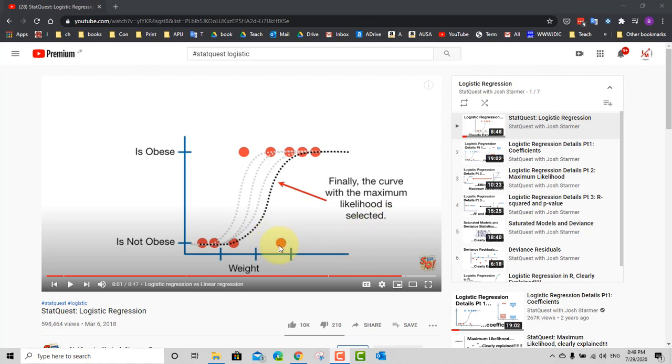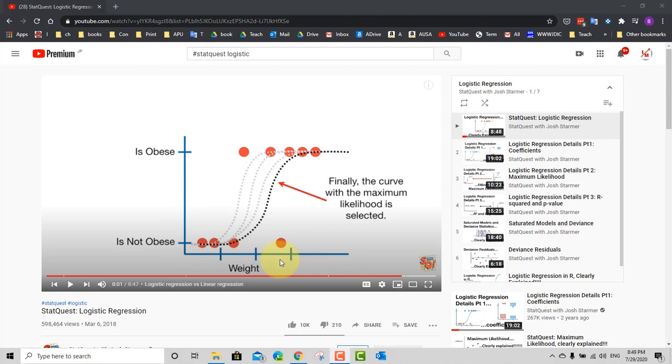Well, let's see. For this particular piece of data, what does this black curve do? Let's just explore this idea quickly right now. For this particular data, this mouse is actually not obese. So regardless of what the model predicts, the true value, or the actual state of the mouse, is that it's not obese.